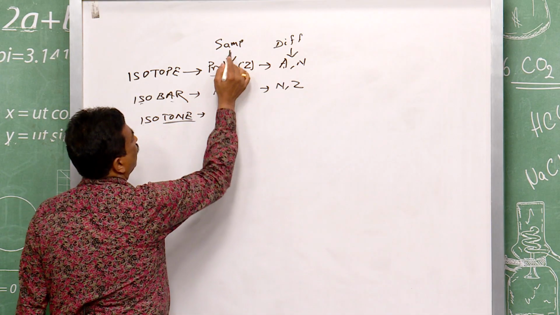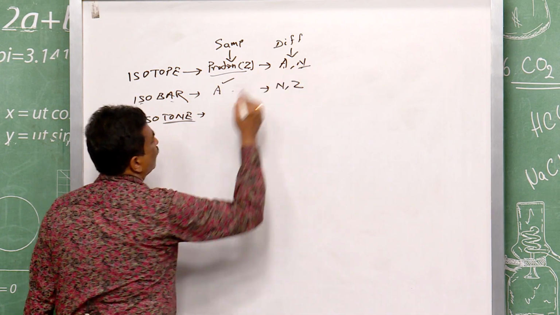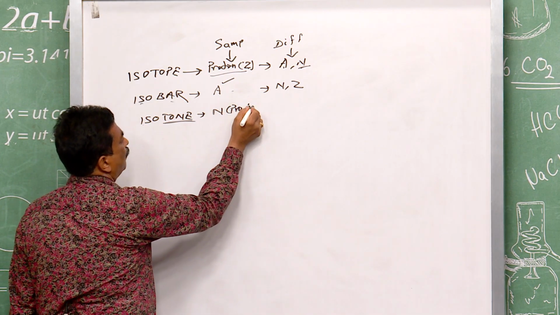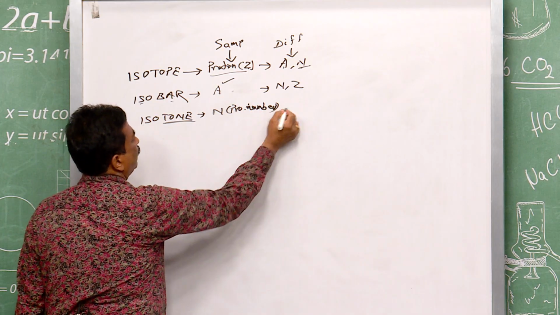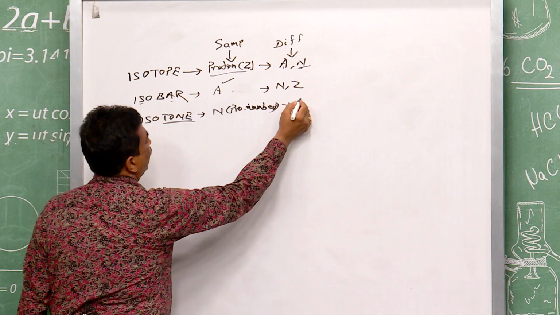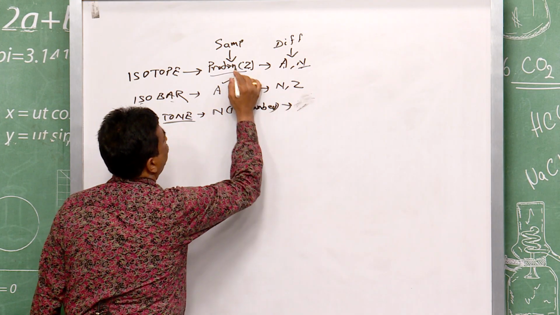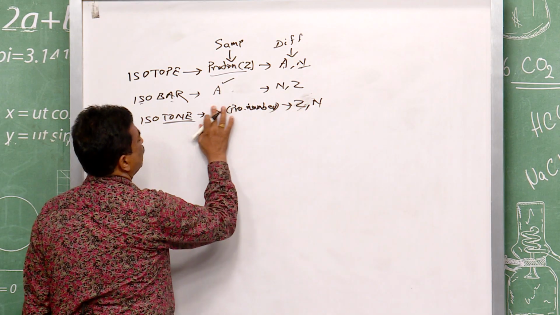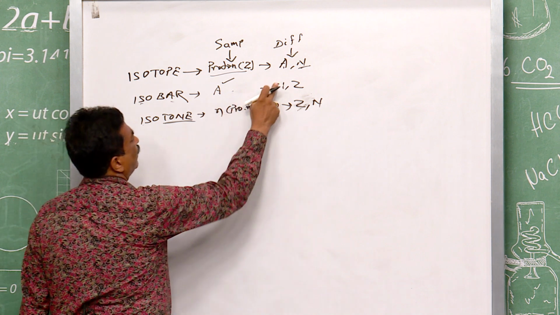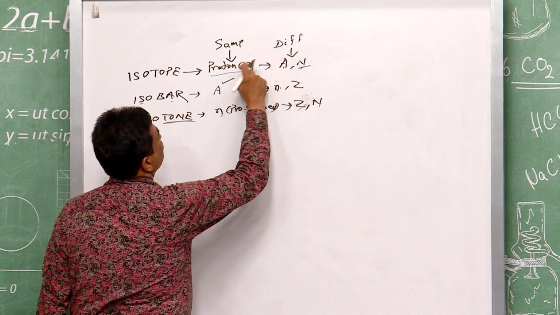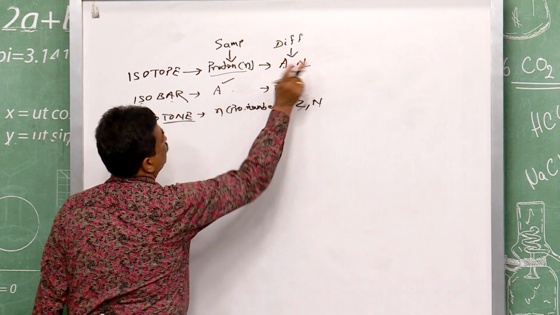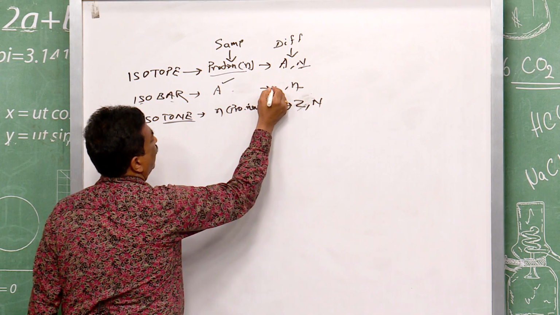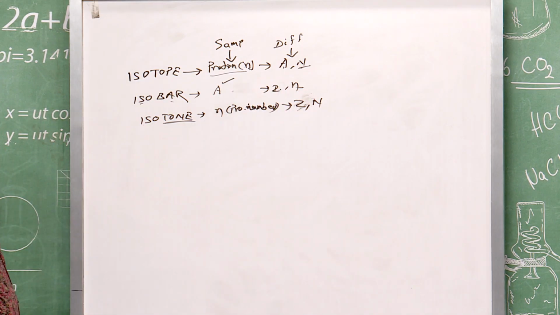So with A and Z being different, what remains is N, the neutron number, which is the same, and the others, Z and A, are different. So these things we took in the last class.